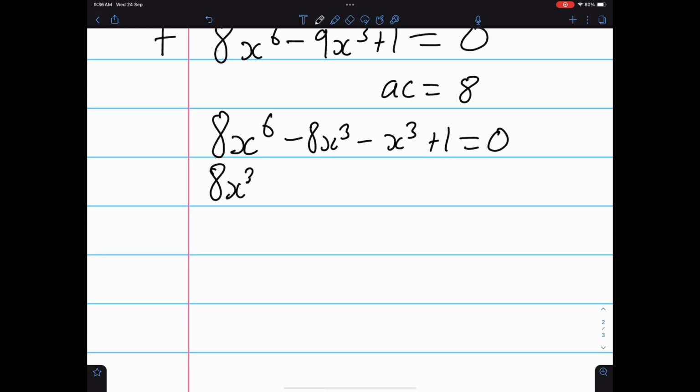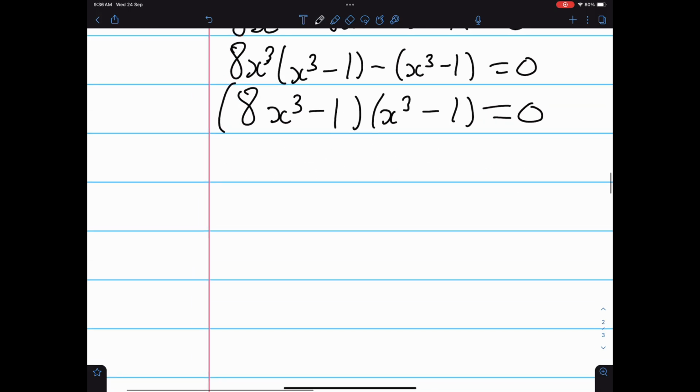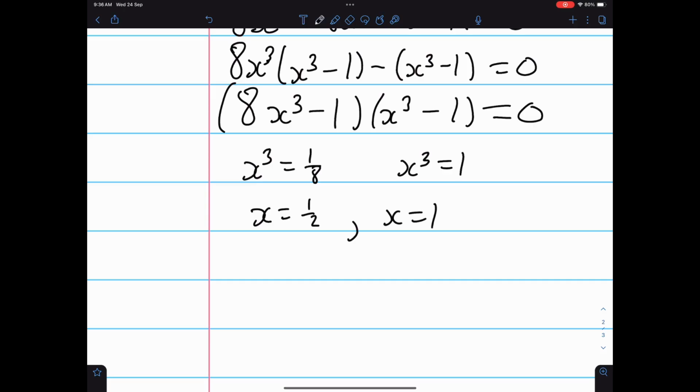Factor out the x cubed. Right, so we get x cubed equals 1 over 8 or 1. And then x will be 1/2 or x will be 1.